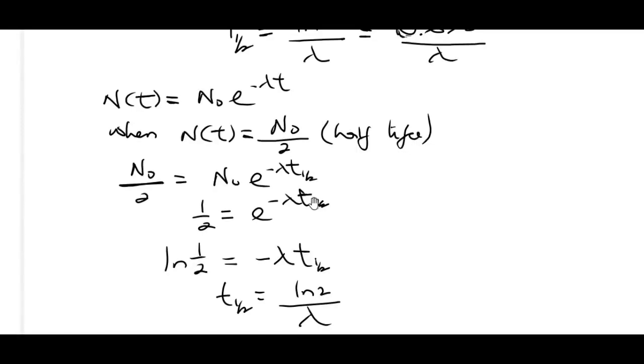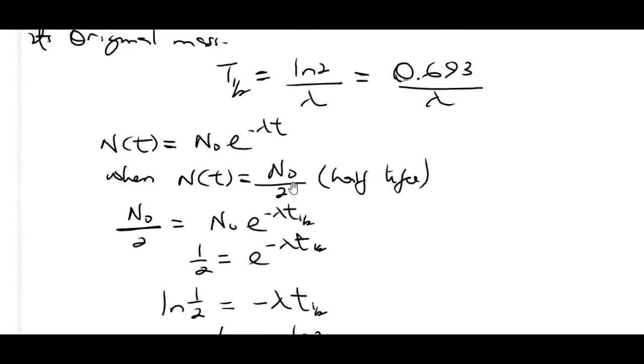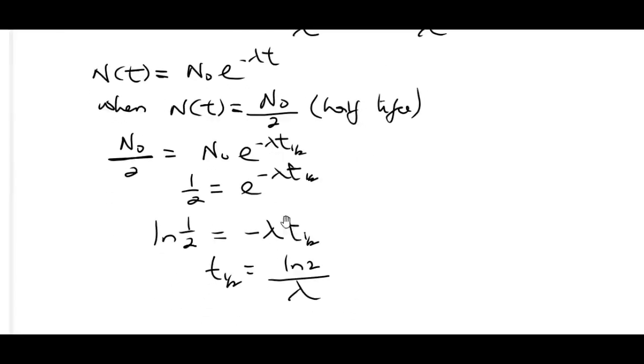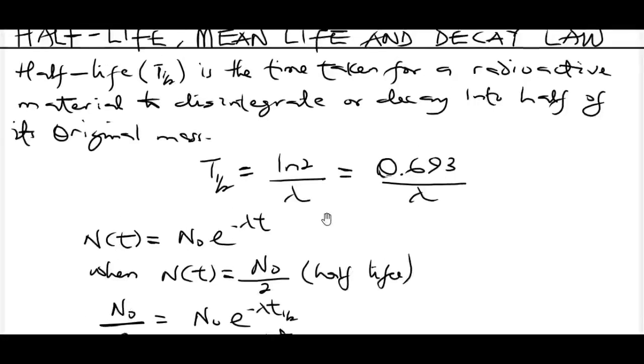Now, the negative sign, let me just explain why that lambda is carrying negative, though I'm still going to talk about it later, because I will show you how we got this exponential decay law. But the negative sign indicates that the number of radioactive nuclei decreases with time. But here, I've just shown you how we got ln 2 over lambda to be the formula for half-life of a radioactive element.